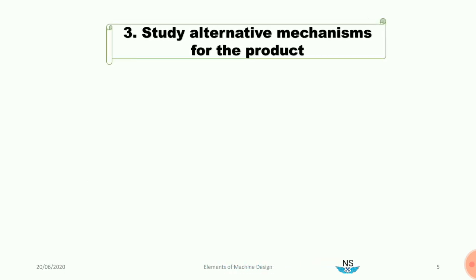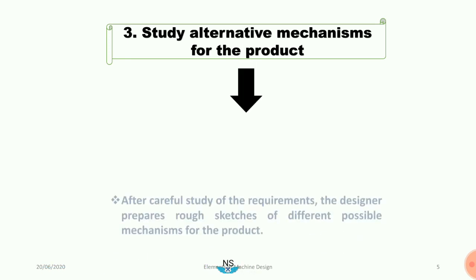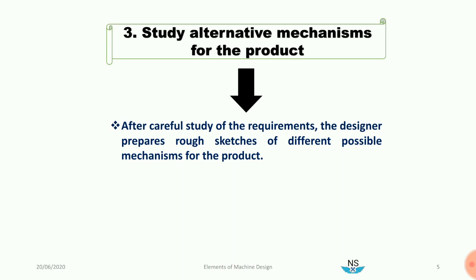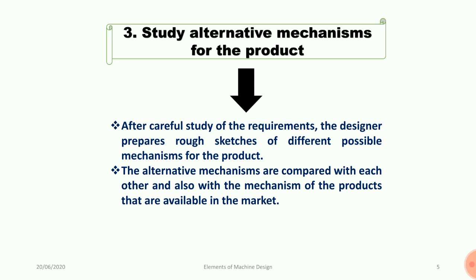Then the third step is to study alternative mechanisms for the product. In this step, after careful study of the requirements, the designer prepares rough sketches of different possible mechanisms for the product. The alternative mechanisms are compared with each other and also with the mechanisms of the products that are available in the market.